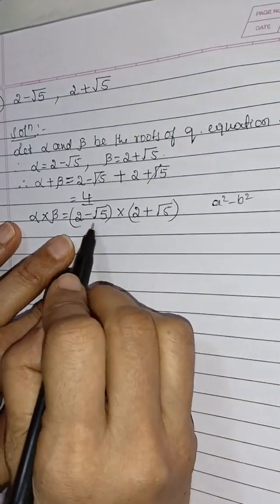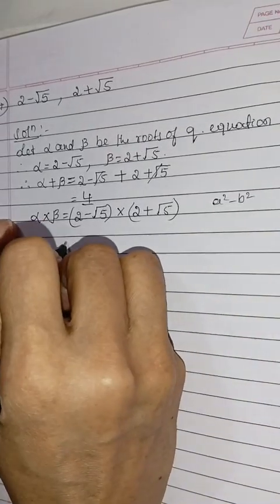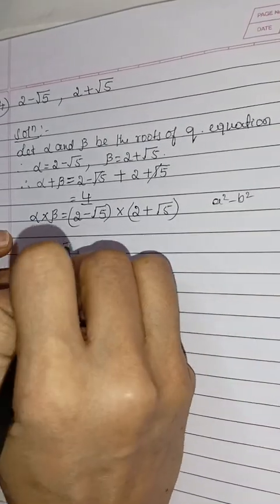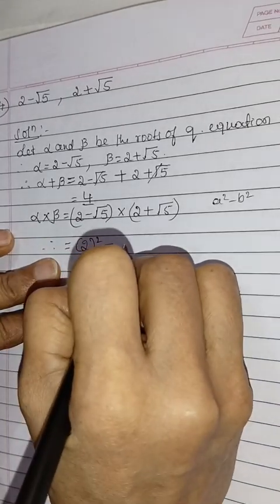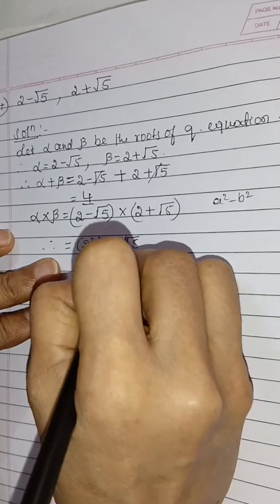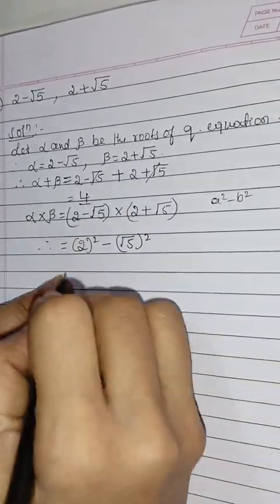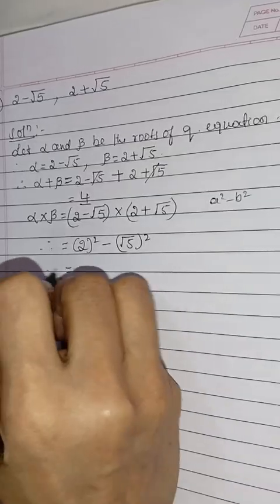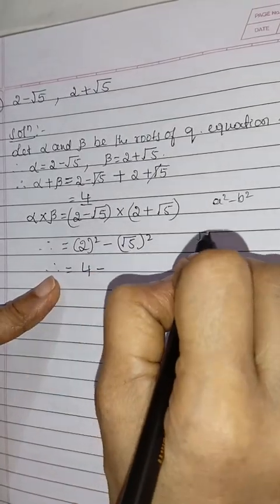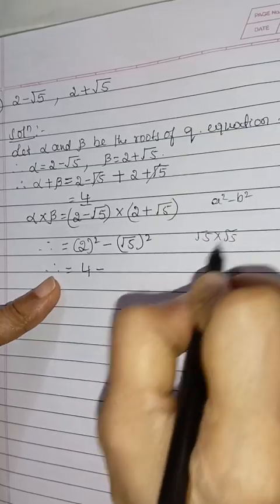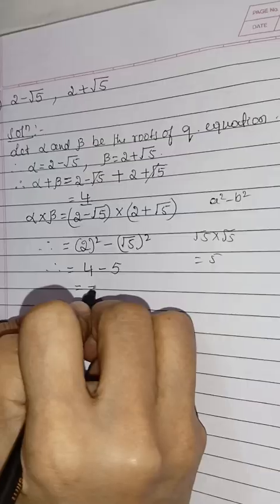Therefore a square is 2 square, minus b square, which is root 5 multiplied by root 5. That is 4 minus 5, which is minus 1.